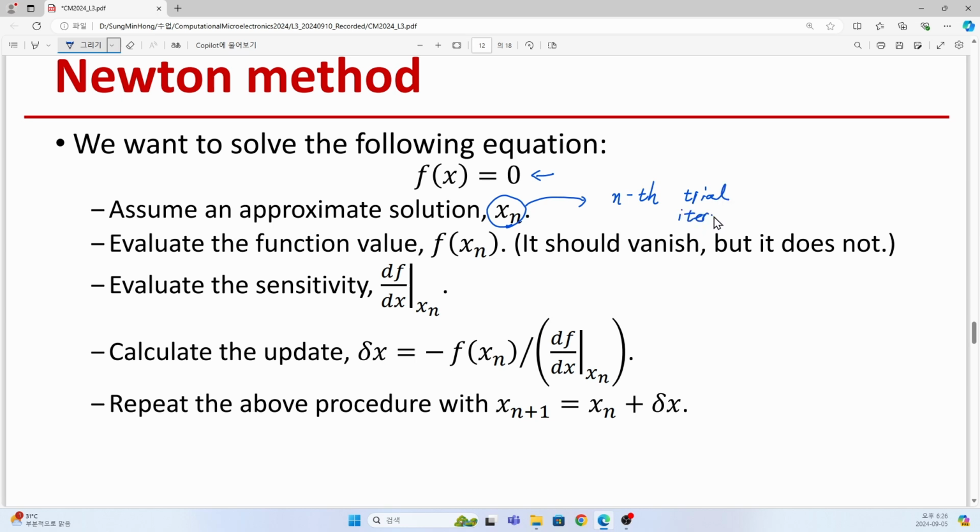So we want to have a good enough solution, but unfortunately, still our f of x sub n is not very close to 0.